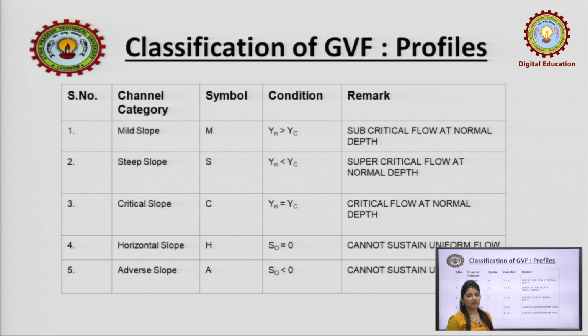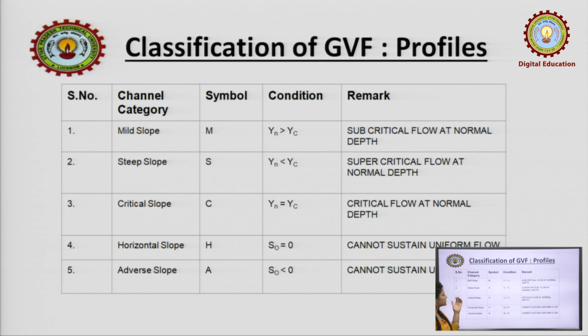Basically, it is broadly categorized into 5 profiles, and those 5 profiles are further subdivided into sub profiles. The major categories are mild slope, steep slope, critical slope, horizontal slope and adverse slope.